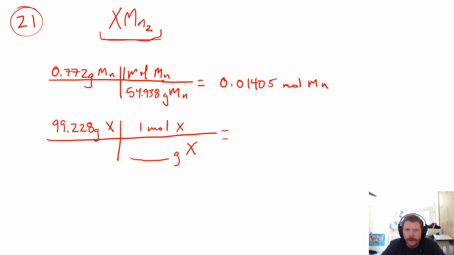Okay. Now I'm going to say the formula that I've deduced is X blank to Mn 0.01405. Now, my formula that I've known from the periodic table is we have 1 mole of X for every 2 moles of manganese.